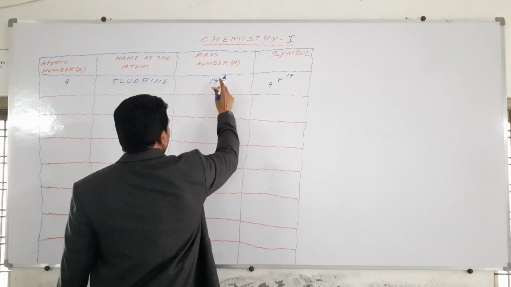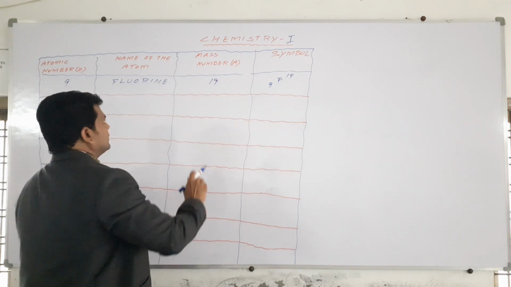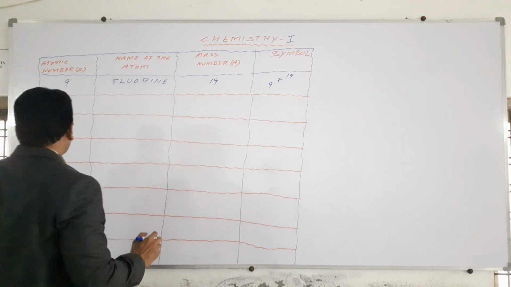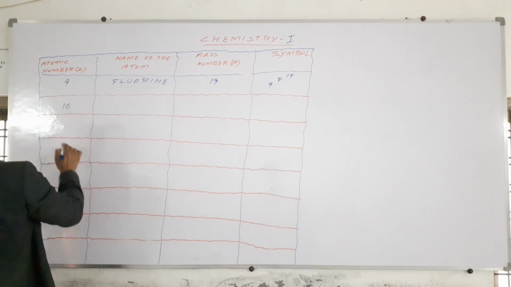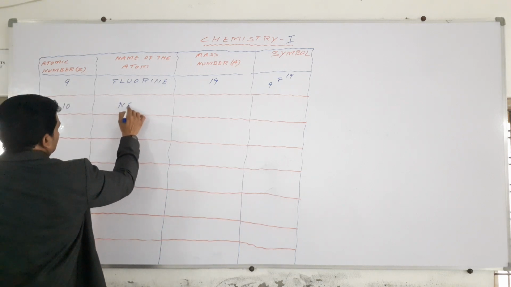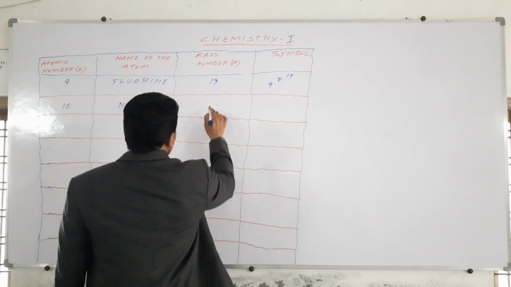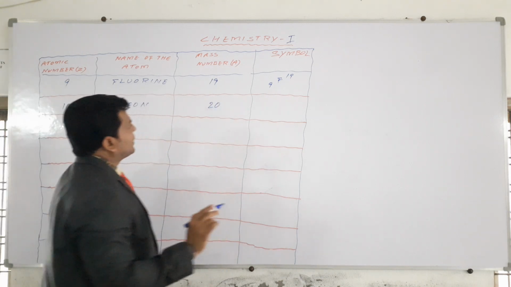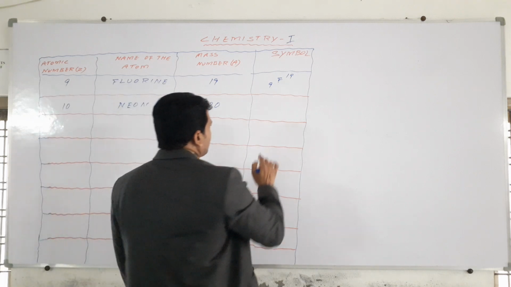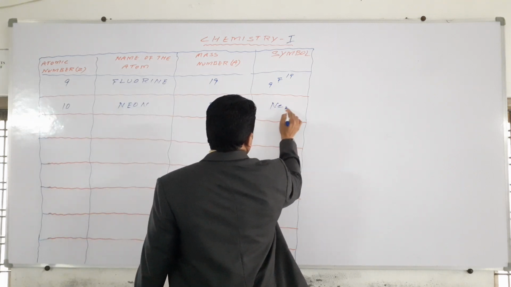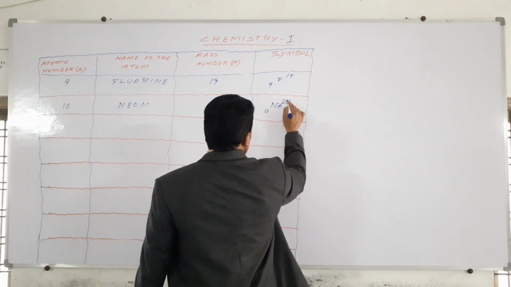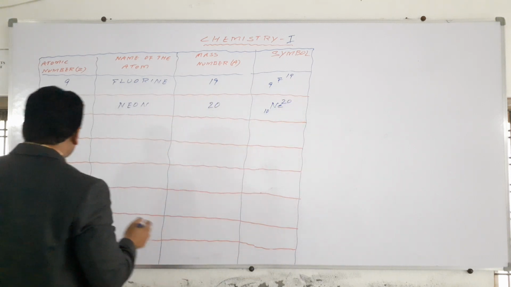Okay. Then atomic number 10, neon. Mass number 20. Then neon 10, 20.